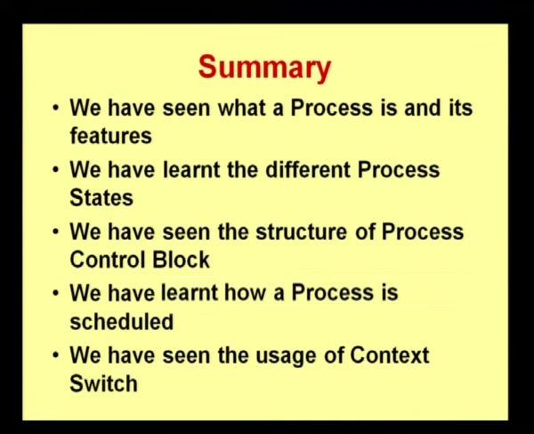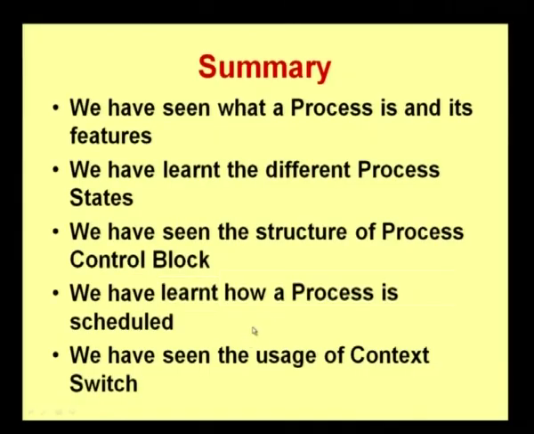Then we learnt about the different process states: the new state, the ready state, the running state, the waiting state, and the terminated state. So there are 5 different process states. Then we learnt how a process is scheduled, and as well we have seen the usage of a context switch.